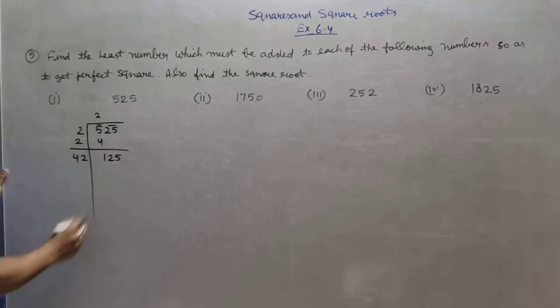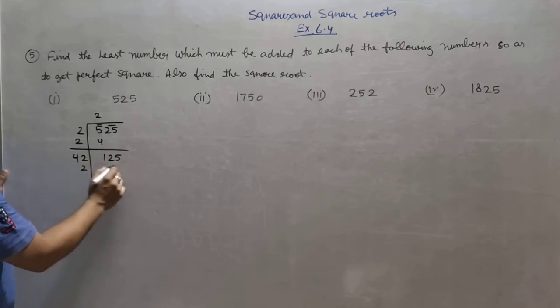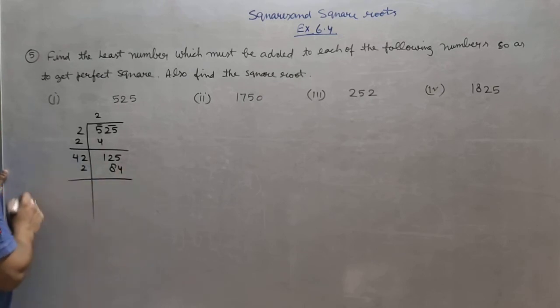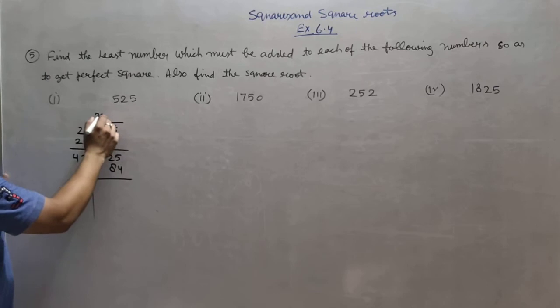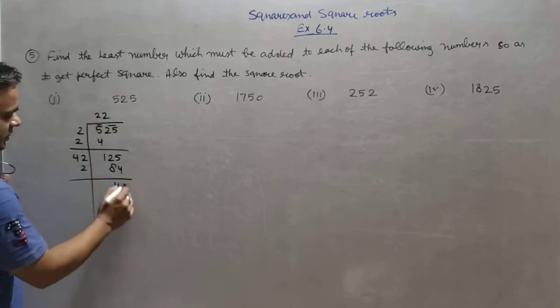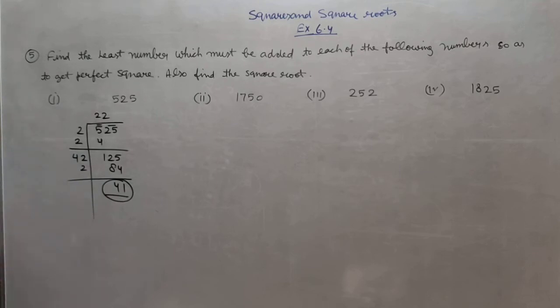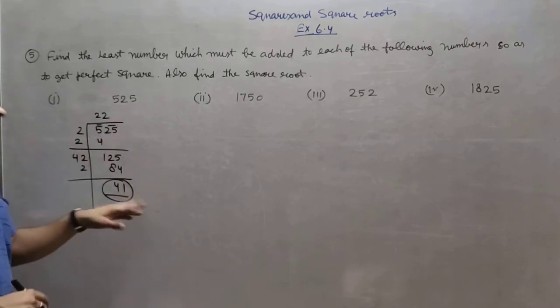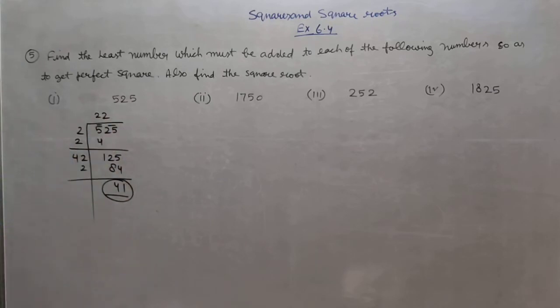So it means we have to do with the 2 only. So it will be 84. Now this 22 I am taking here. This will be 1, this is 4. It means 41 is the remainder here. If the question says what should be subtracted, then we will say that 41 should be subtracted. But how will you find what should be added?